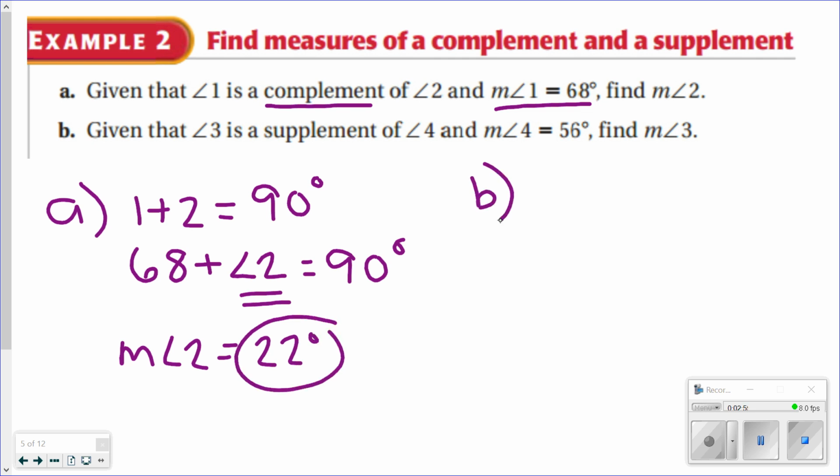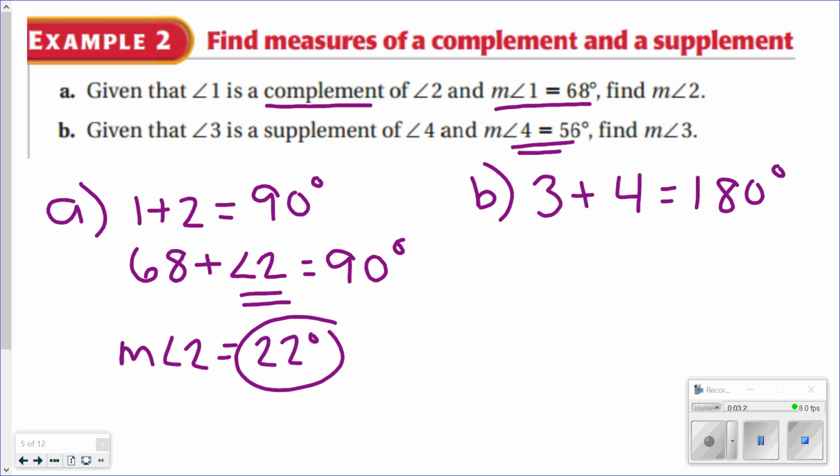All right, let's look at B. Given that angle 3 is a supplement of angle 4, and the measure of angle 4 is equal to 56 degrees, find the measure of angle 3. So once again, we know that angle 3 plus angle 4 has to equal 180 degrees.